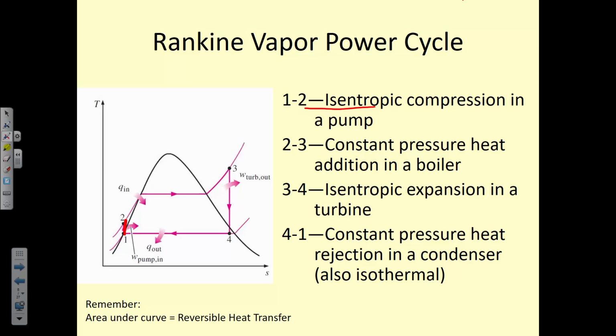So we operate at the edge of the dome, and by increasing the pressure, you'll notice that we're hopping pressure lines. So this is a line of constant pressure, and this is a line of constant pressure.